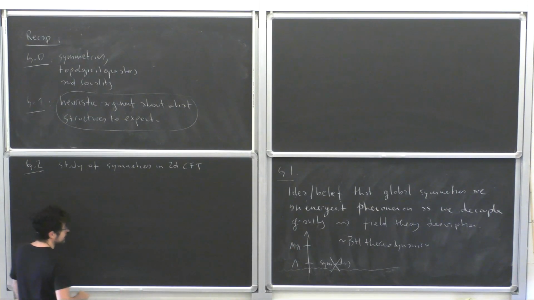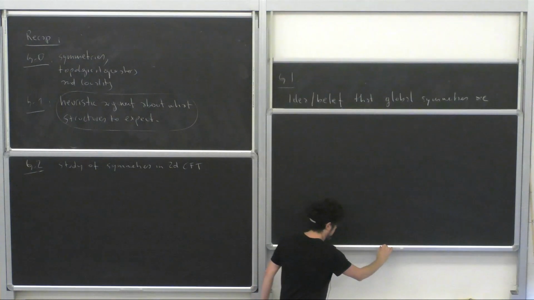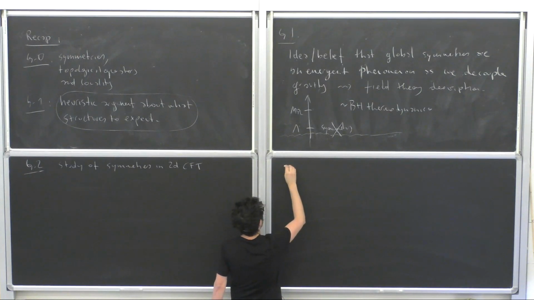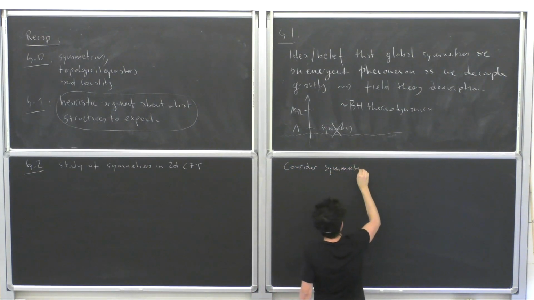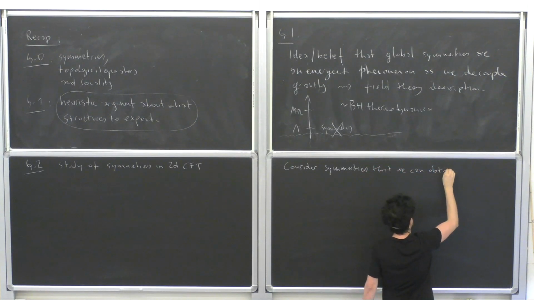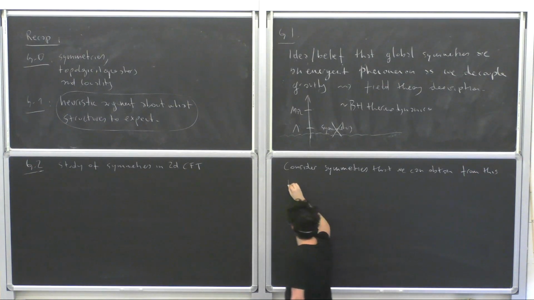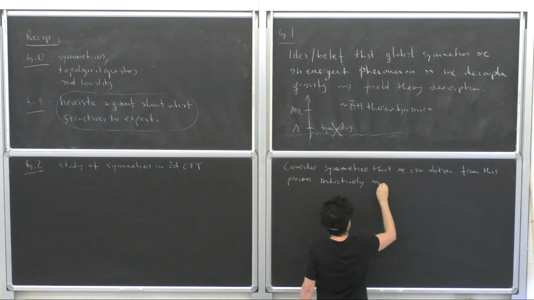And then what we started looking at were field theories that we could get. The idea is to consider the symmetries that we can obtain from this process inductively in the dimensionality of space-time.